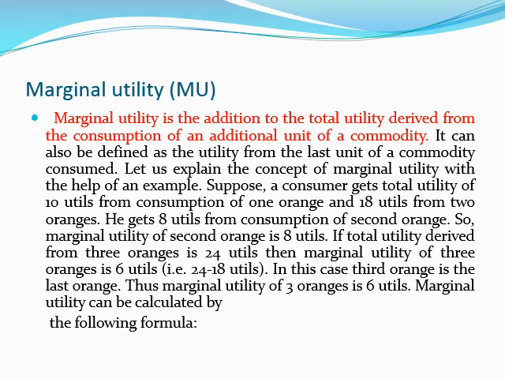Assume that the first orange gives the consumer 10 utils. So consuming the first orange gives the consumer total utility equal to 10, and marginal utility also equal to 10.